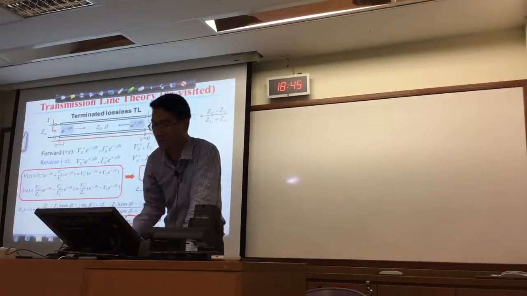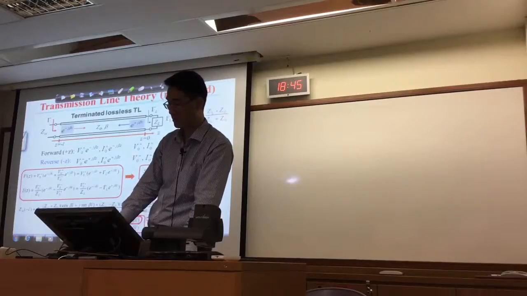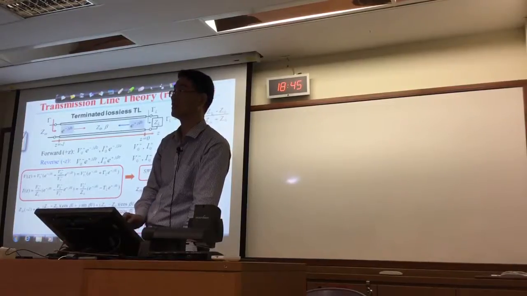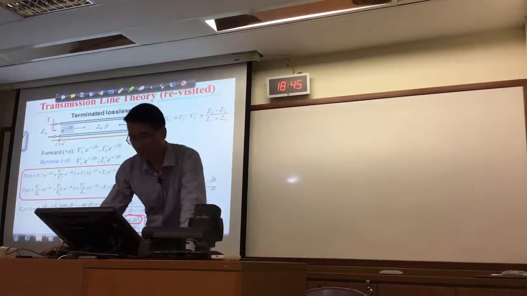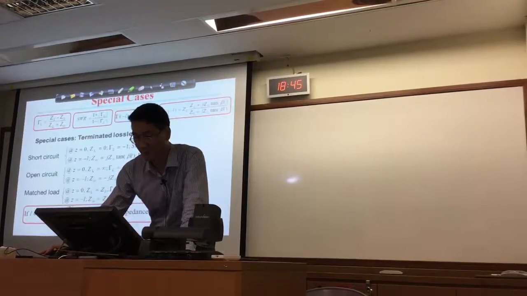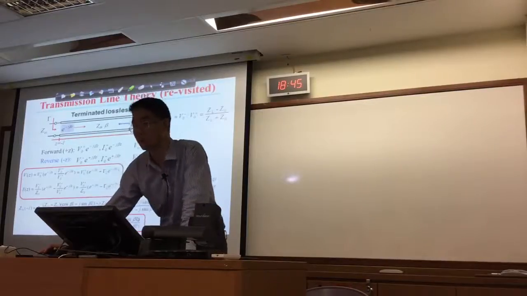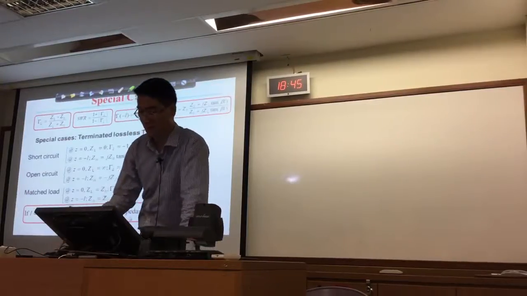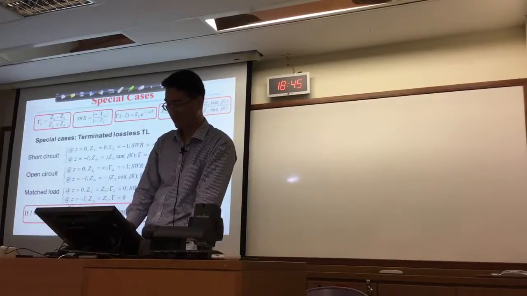It turns out that the input impedance is Z0 squared divided by Z_L. So beta l of 90 degrees is the so-called quarter wavelength, and this is a very famous application, the quarter wavelength transformer.